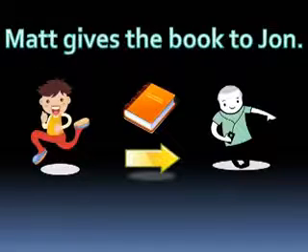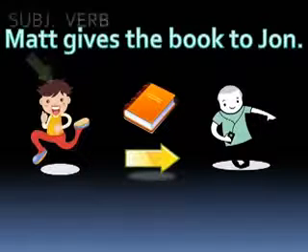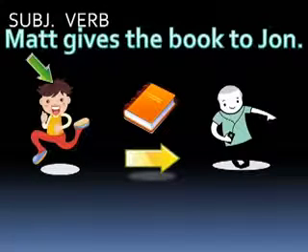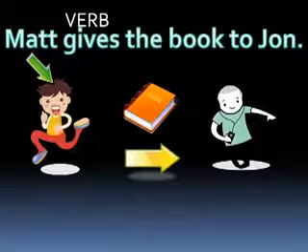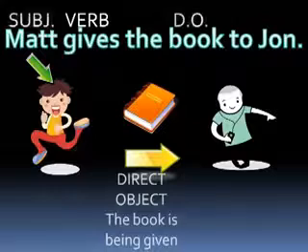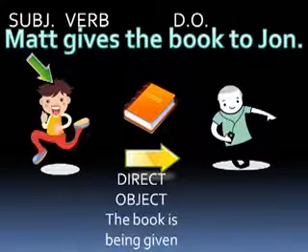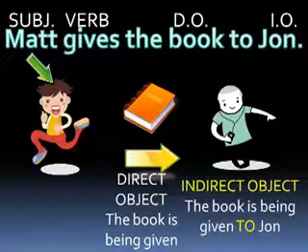In the sentence, Matt gives the book to John. Matt is the subject. He is the one performing the action of the verb, to give. The book is the direct object. It is directly receiving the action of the verb. Okay. John, though, is the indirect object because he indirectly receives the action of the verb. The book is given, but given to John.